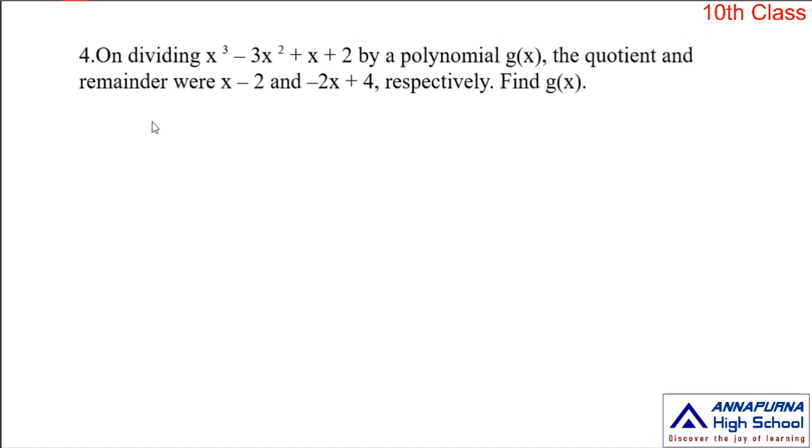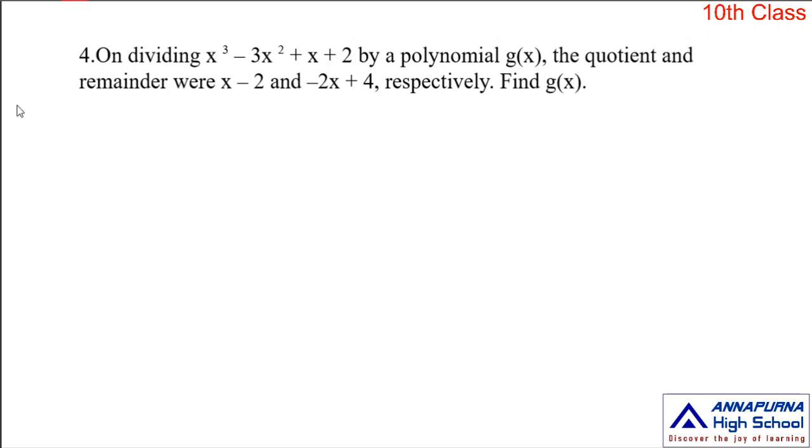When you observe this question carefully, here one division is going on. In that division, x cube minus 3x square plus x plus 2 is the dividend, g of x is the divisor, x minus 2 is the quotient, minus 2x plus 4 is the remainder. Then you find g of x, that means you find the divisor.